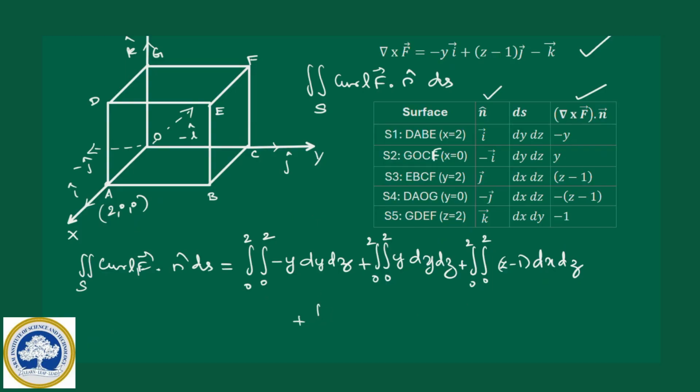So plus for the next surface, that is S4, it is minus of z minus 1 into dx dz, plus the double integral 0 to 2, 0 to 2 of minus 1 into dx dy. So now we have to integrate it.